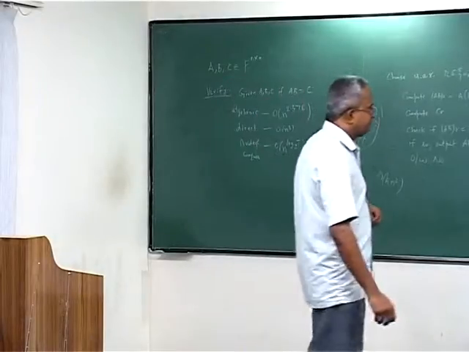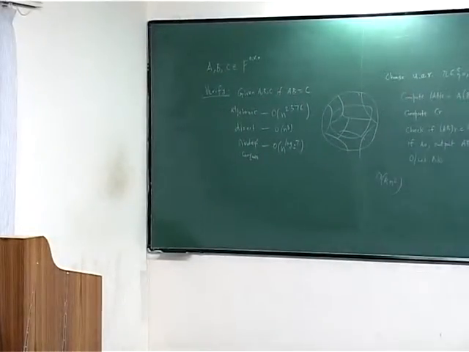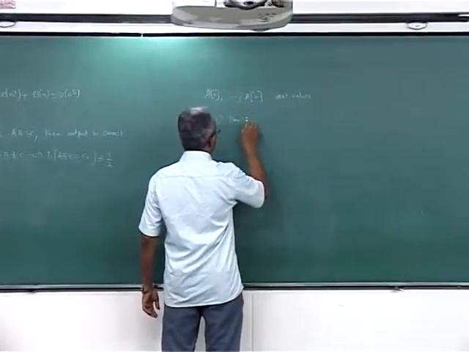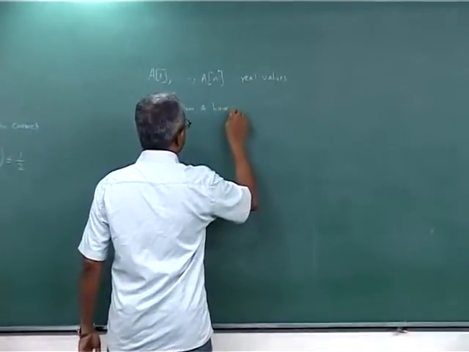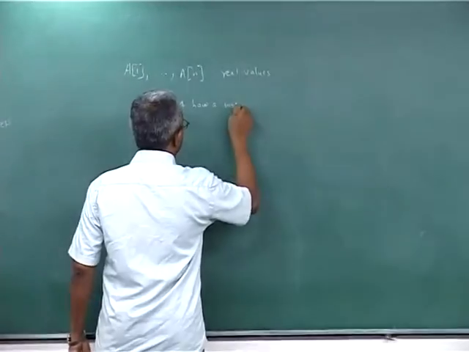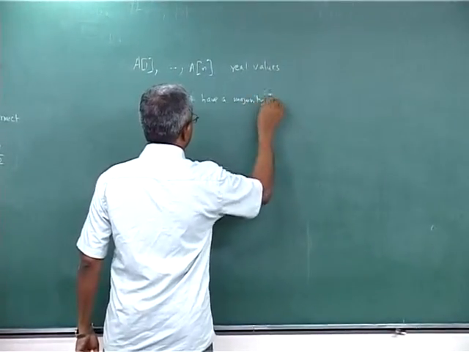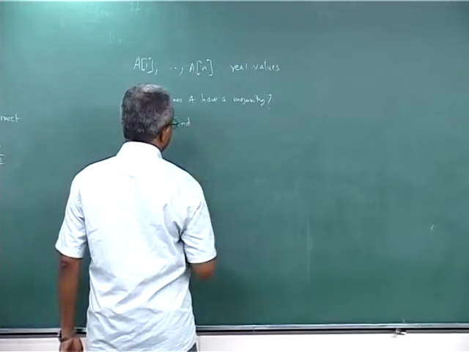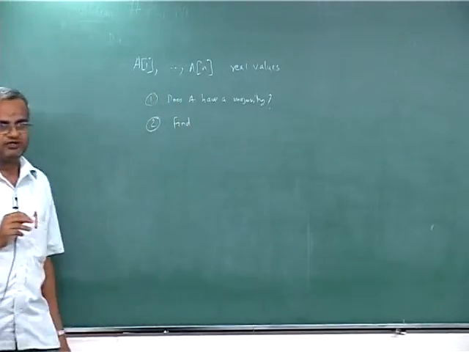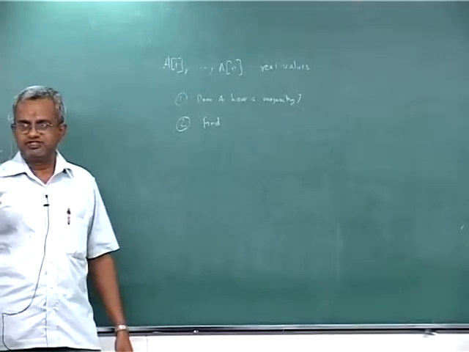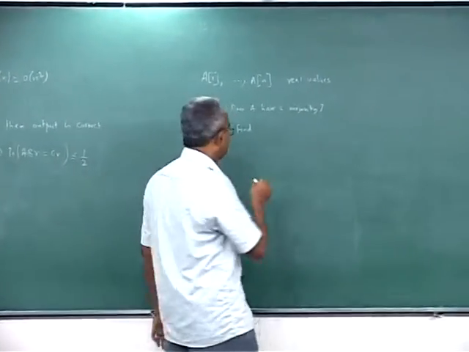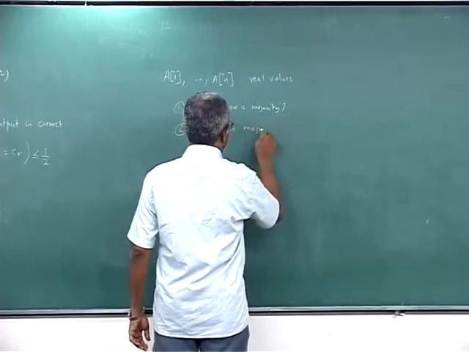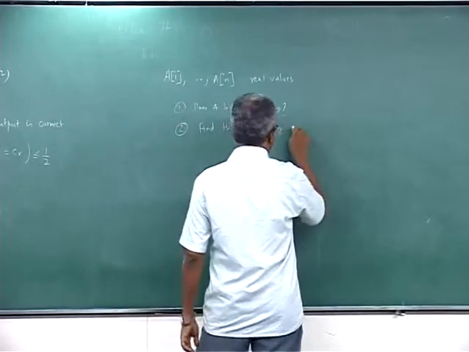Now, there are two problems associated with this. One is, does A have a majority? Find the majority. The majority has to be a unique element. You cannot have two distinct majorities. Find the majority if it exists.